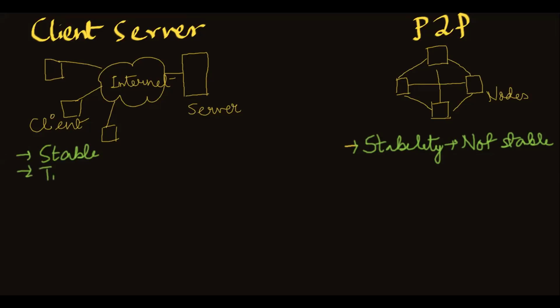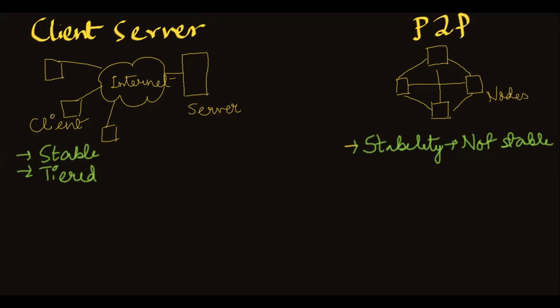Tiered means, suppose in our school, sir gives me some information to share with our students, and I share it with you. Here you are working as the client, I am working as the internet, and sir is working as the server.